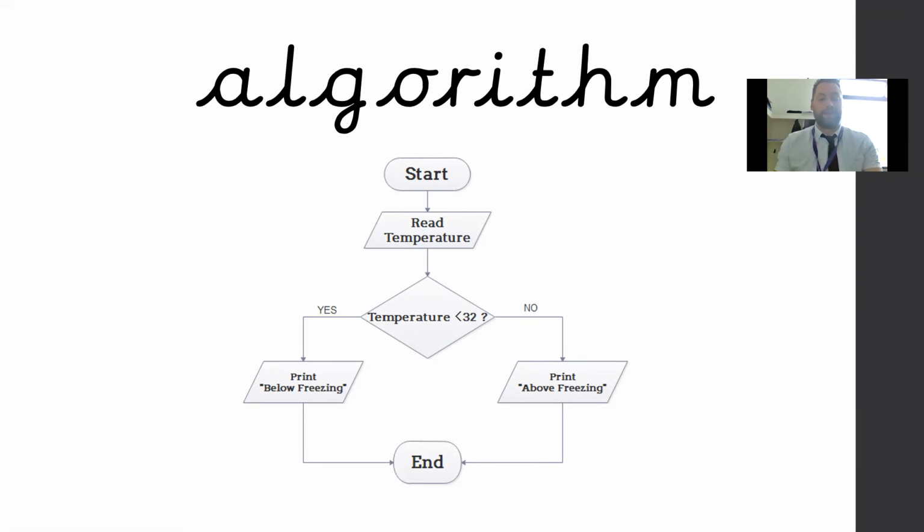In this case, is it below 32 or is it higher? If it is below 32, then it will print out below freezing. If it's not, it will print out above freezing, and then it will send it to the output device, and we get our output. So an algorithm is a set of rules that the computer follows to work out problems. When we give it an input, it uses algorithms, uses rules, to then get to the output.